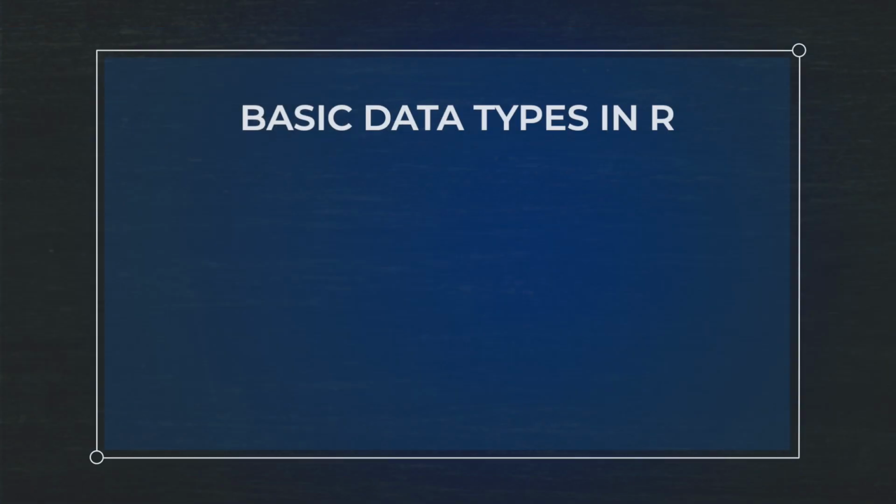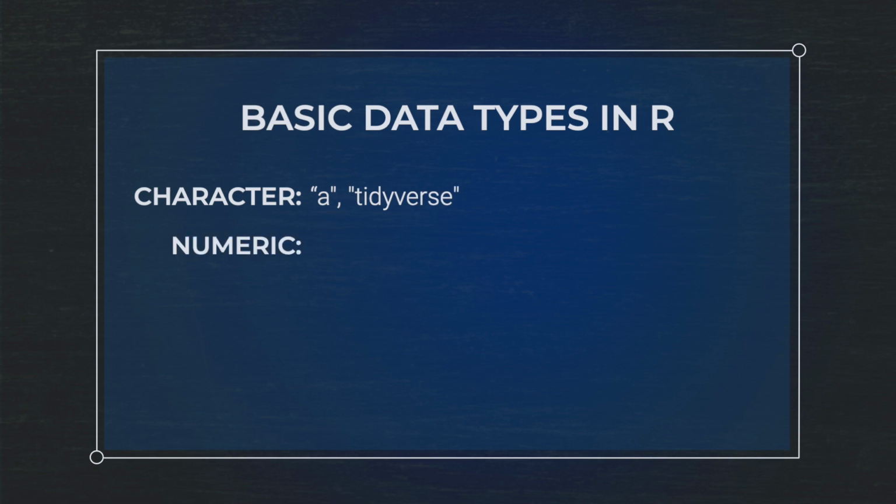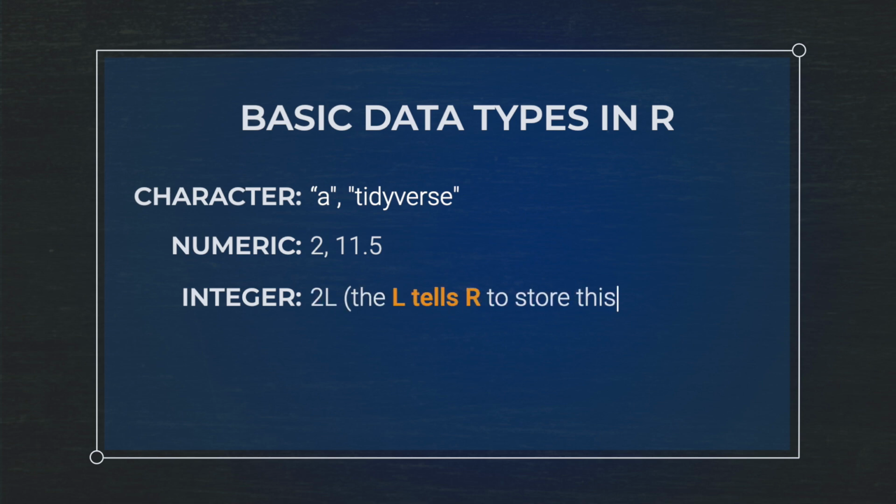There are some basic data types in R worth knowing about. The first is the character data type, which could be a name or a letter or anything in quotes. The second is numeric, which can be whole numbers or numbers with decimal points. Then there's integer, which refers to a whole number. And the way to tell R that a number is an integer is by placing a capital L at the end of a whole number.